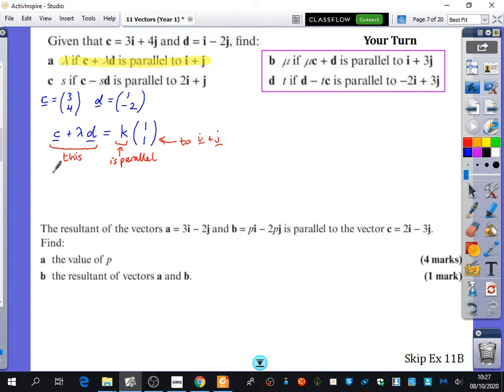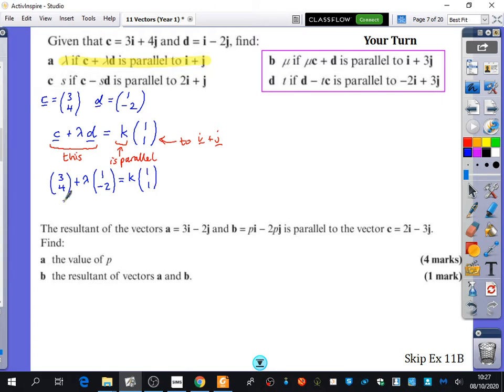So I'm going to do C, which is (3, 4), plus lambda multiplied by (1, -2), and that's going to be equal to k times (1, 1), like this. I'm going to use this to find out what lambda is equal to.